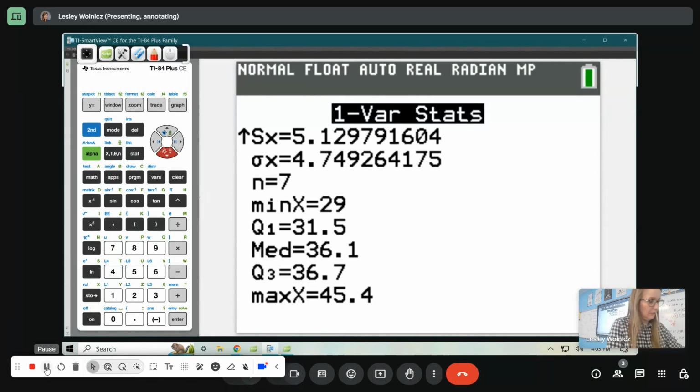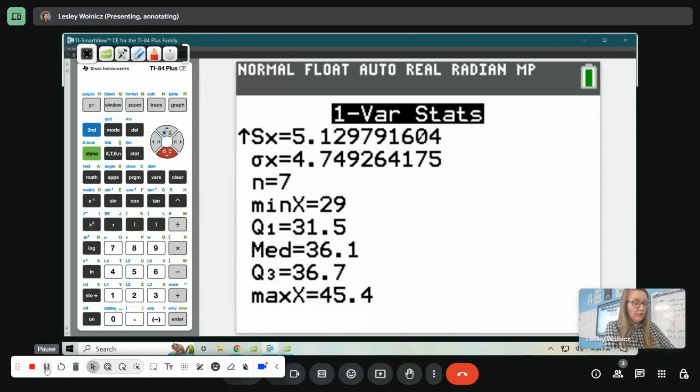I'm getting 16.4. My interquartile range will be 36.7 minus 31.5. And I got 5.2.